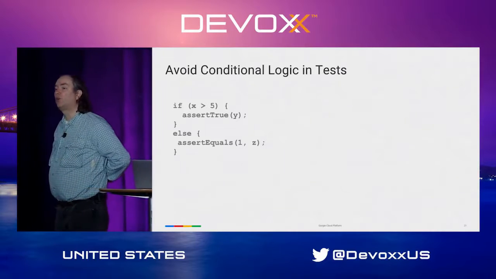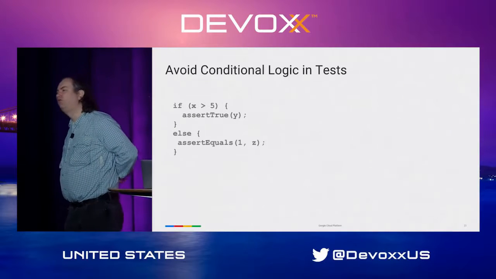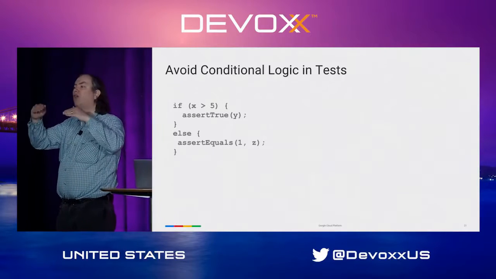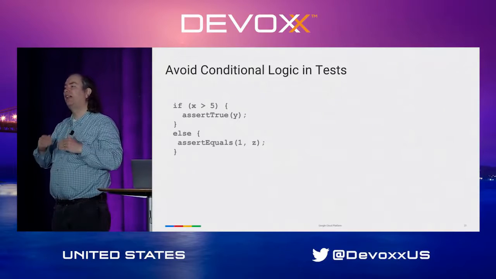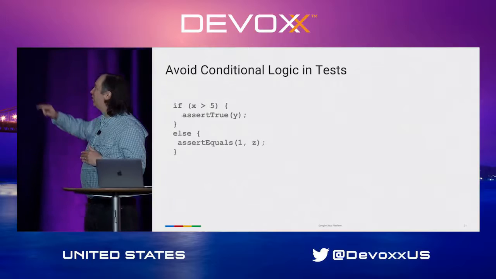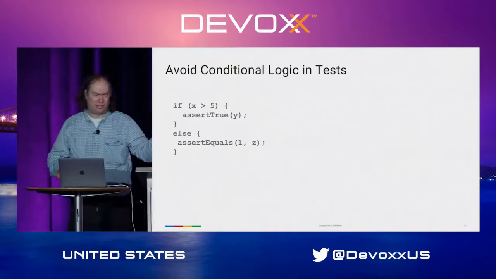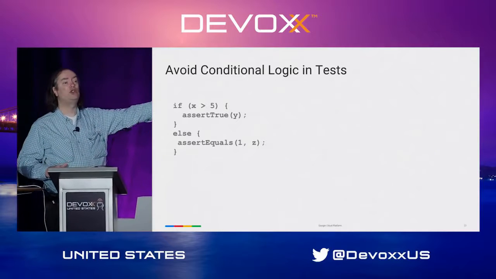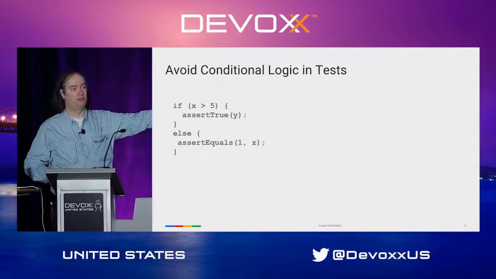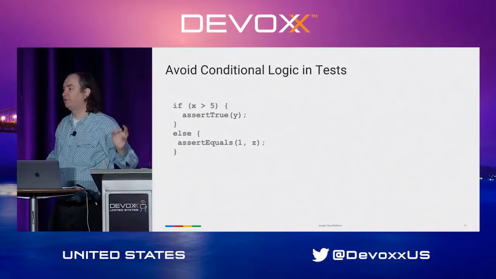Another anti-pattern to watch out for: conditional logic in tests. For loops that iterate across every element of a collection are fine. But if statements, if x is greater than 5, we're going to assert this, else we're going to assert something else, that should be two separate test methods, not one, with different input values and different setup.